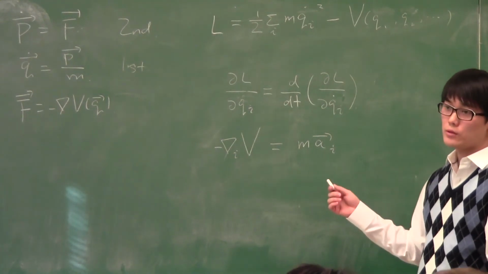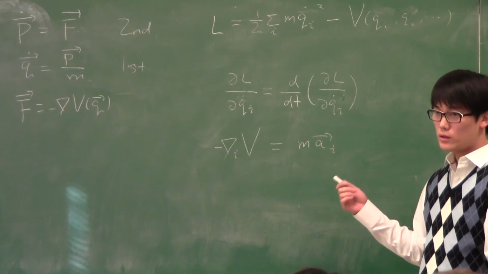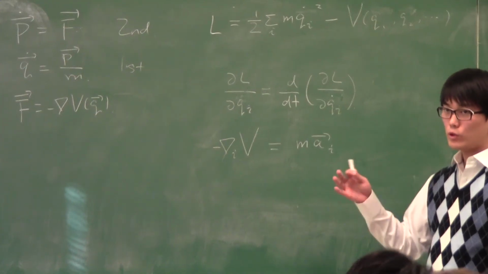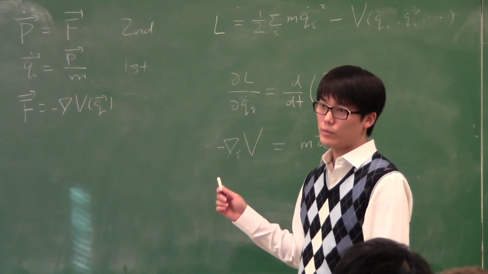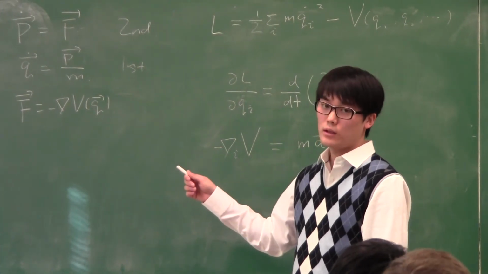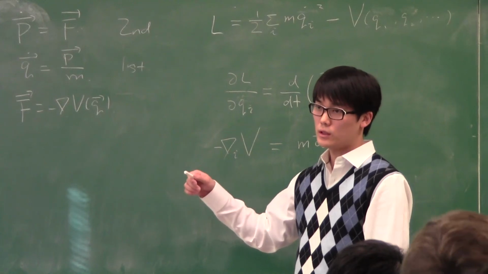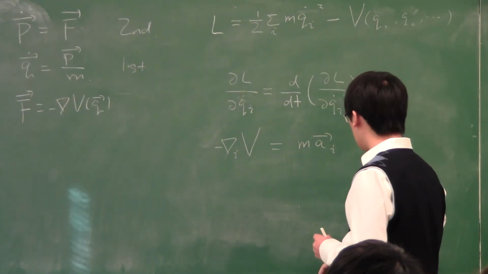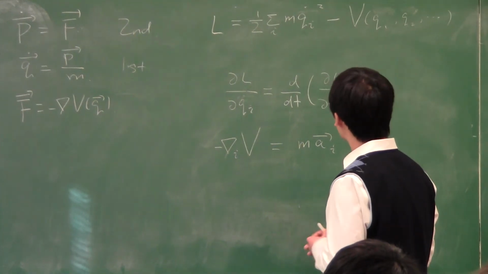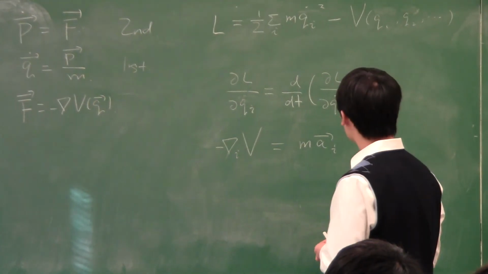We have shown that mathematically they're equivalent, but is there a more intuitive way to think about it? In classical mechanics, there is no way of doing this. But as you learn quantum mechanics, towards the end of this course, you'll understand the real meaning of the Lagrangian. Here's a very good answer offered by quantum mechanics. So that's what you will learn this semester.